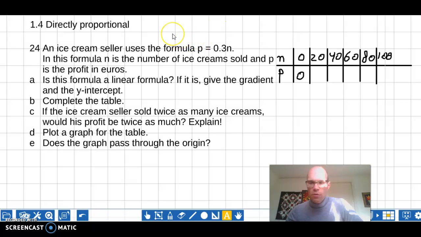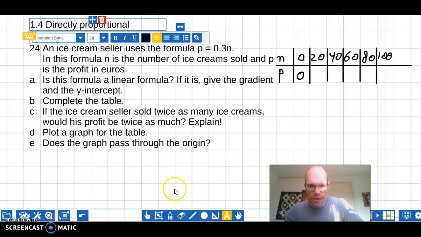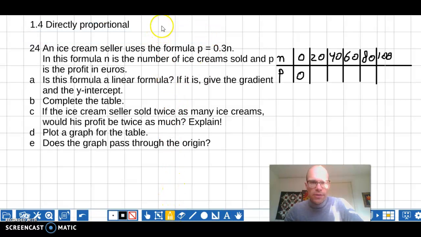Just to remind you, a linear formula was a formula of the form y is equal to ax plus b, or if we make a small sketch, we have a straight line, and that is linear.